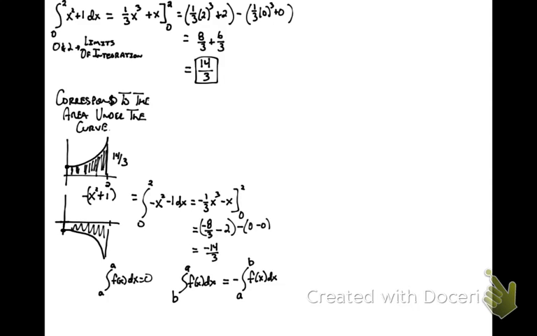A couple other things I'd like to add. If you have a constant times a function, and you're integrating that from a to b, that's the same thing as if you were to take the constant out and just integrate the function.